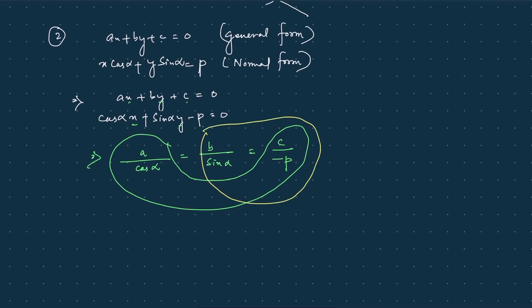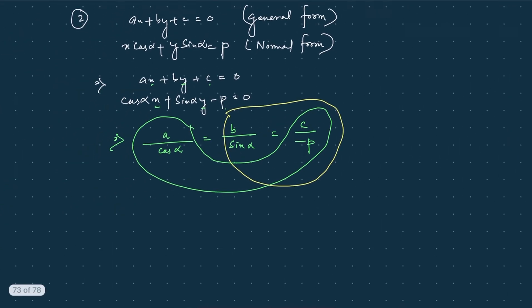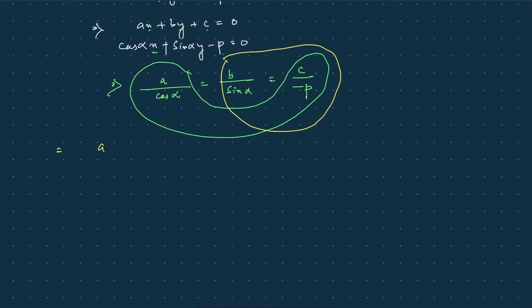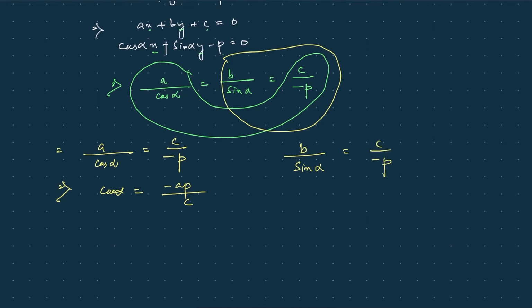So a divided by cos alpha is equal to c divided by minus p, so cos alpha will become minus ap divided by c. Similarly, taking the other case, b by sine alpha is c divided by minus p, so sine alpha will become minus bp divided by c.